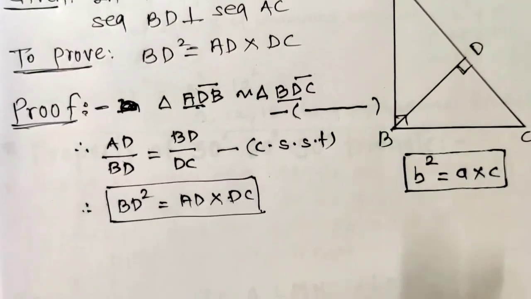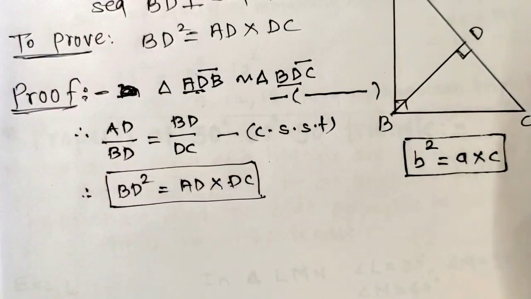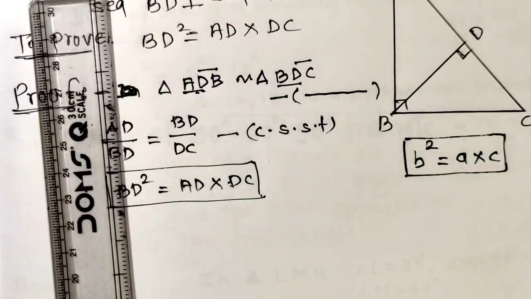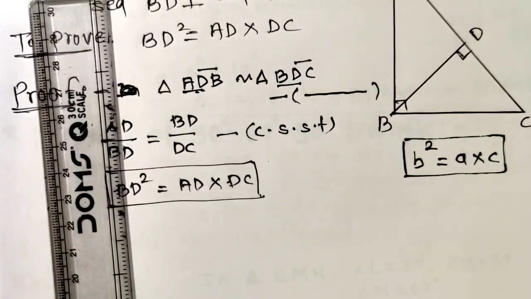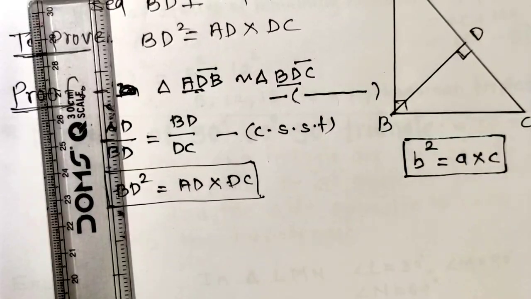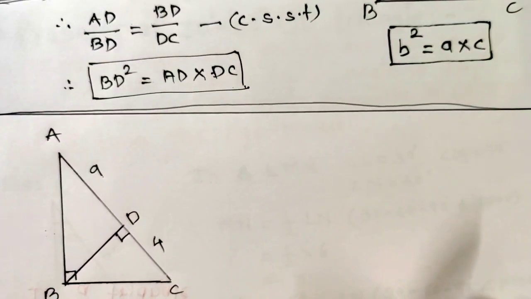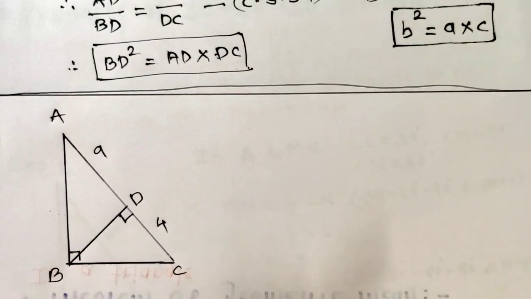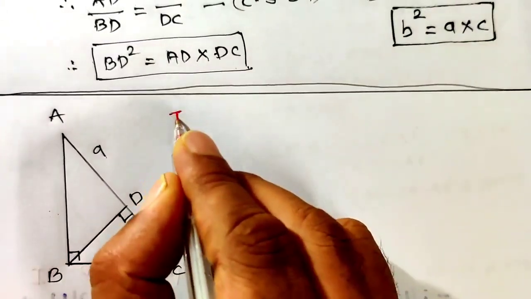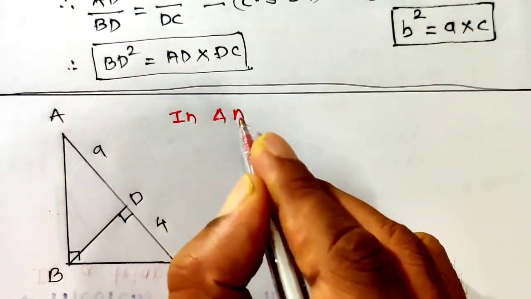So let us see one sum which is based on this. If we draw one triangle, let us see the application of this theorem of geometric mean. A small example. In triangle ABC, what is given?